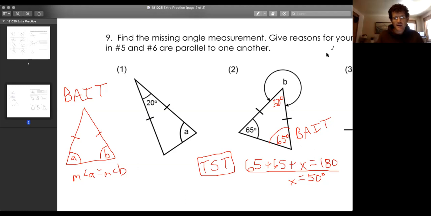Does anyone have an idea what angle measure B will be? Or what we can do to solve for it?